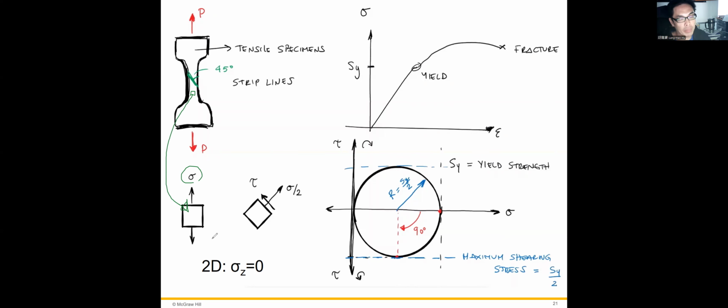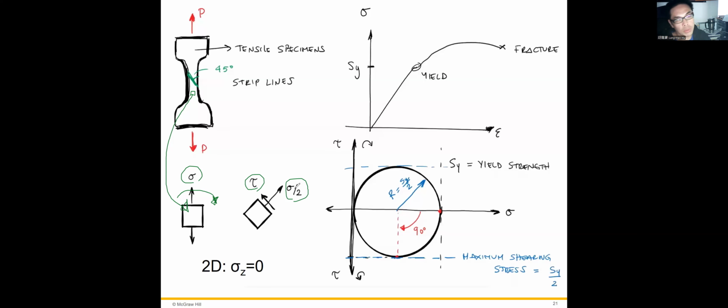When this small element is rotated by a specific angle, it will reach the maximum shear stress with the average normal stress.